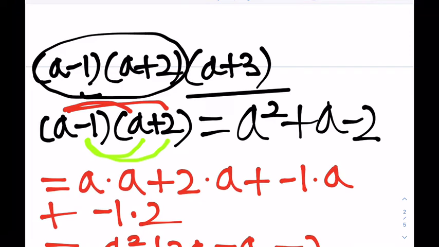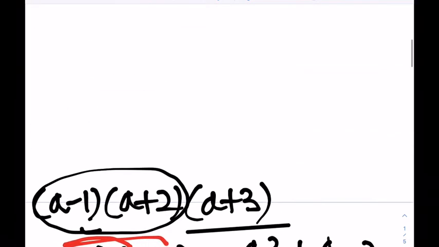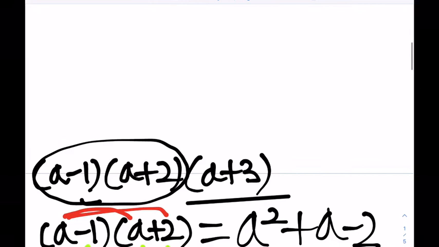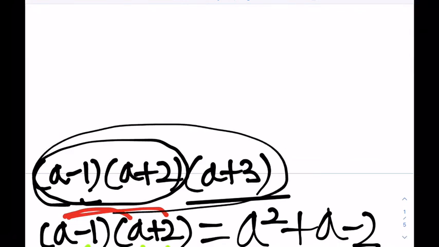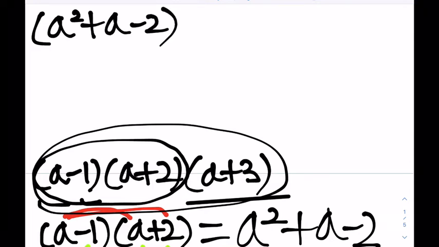Okay, so we know that a minus 1 times a plus 2 is equal to a squared plus a minus 2. So we can rewrite this whole thing as a squared plus a minus 2 multiplied by a plus 3.